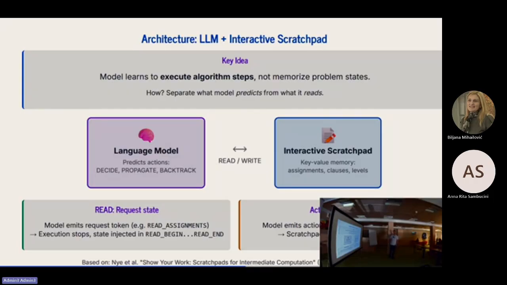You can imagine this as a CPU, because it can perform some steps like decide, propagate, and so on. It can store some information to the memory, and it can also read the information from the memory during the inference time.